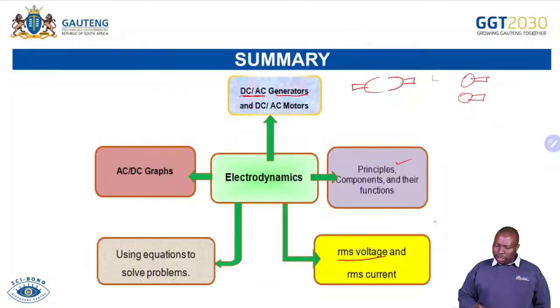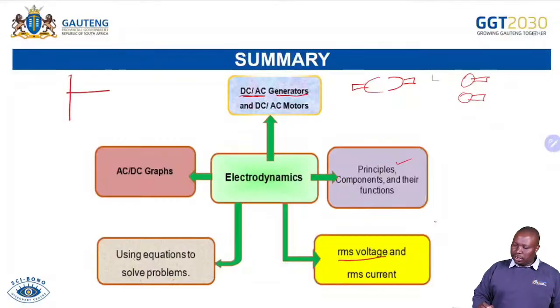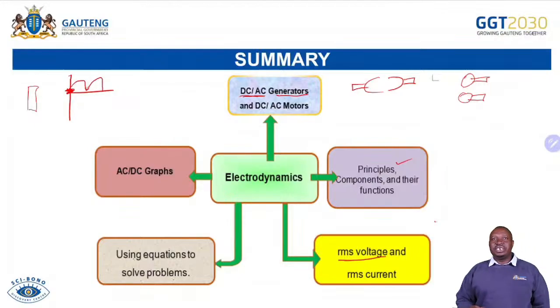And then we talked about AC and DC graphs, and then you have seen we have talked about the jumping, but as well we talked about the meaning of that starting from zero. When starting from zero, you know that is when our coil is vertical. Maximum, that is when our coil is horizontal.